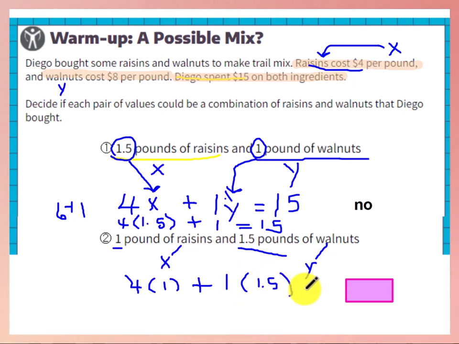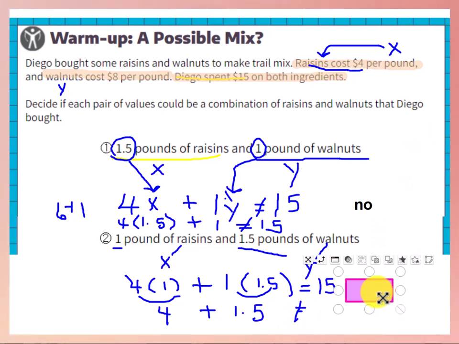We're asking if that equals 15. In the previous equation, it was not equal to. 4 times 1 is 4. 8 times 1.5 is 12. 4 plus 12 is 16. That's not equal to 15. So the answer is no here.